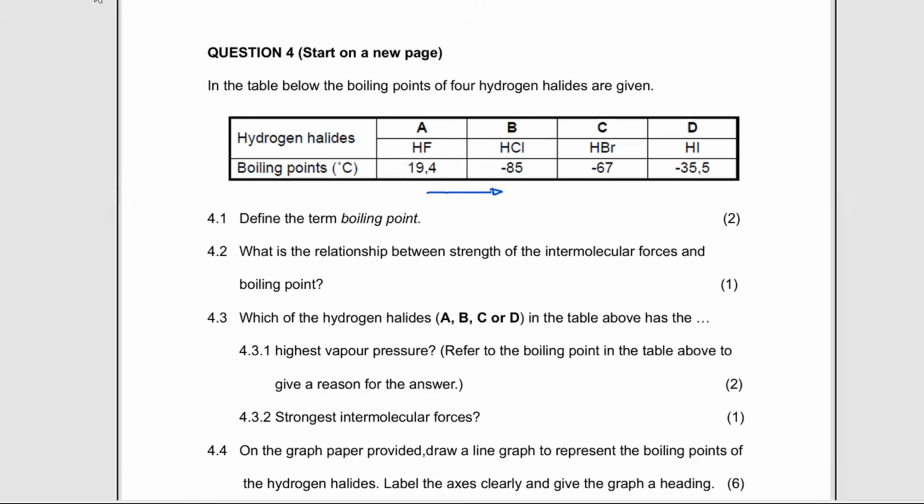Then the first question asks us to define the term boiling point, right? Boiling point is defined as the temperature.